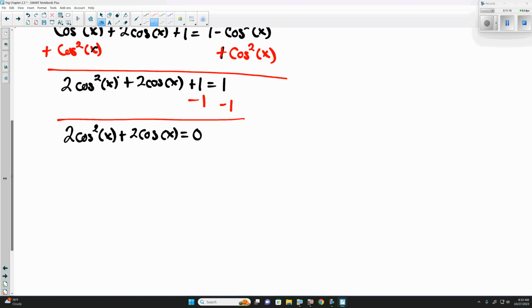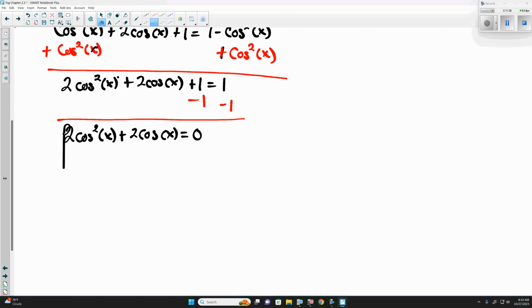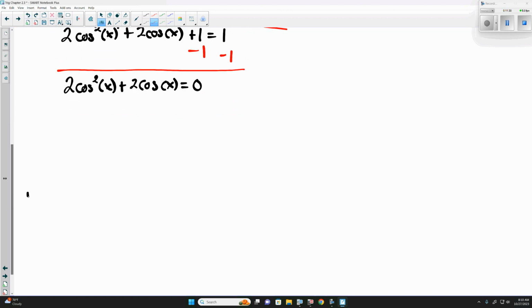Well, now we need to solve. We can solve by factoring. Technically, we can solve by the quadratic formula. There's different ways we can go about solving. I would go by factoring because we don't have a constant term. And the first thing we do in factoring is find a greatest common factor between these two. 2 is in common with both terms.